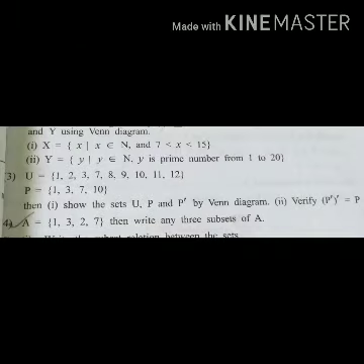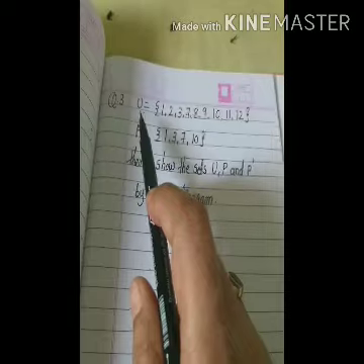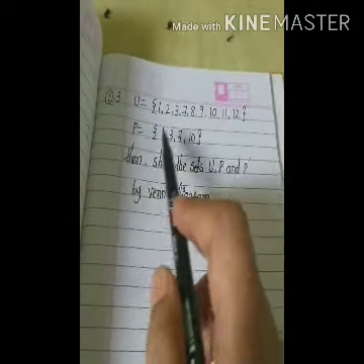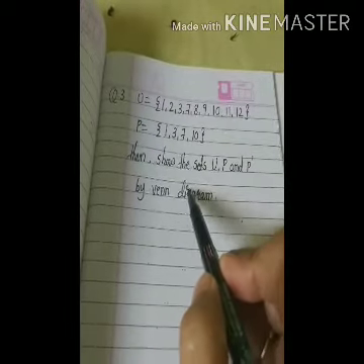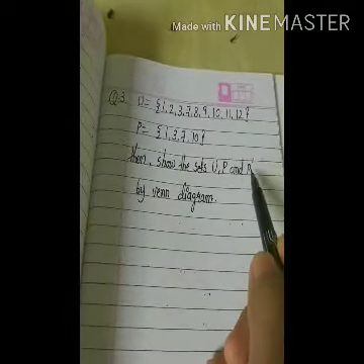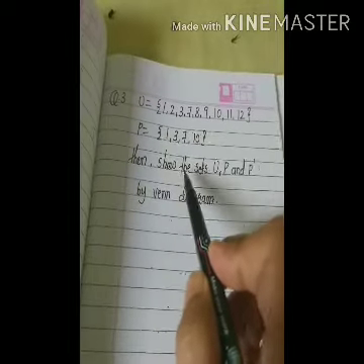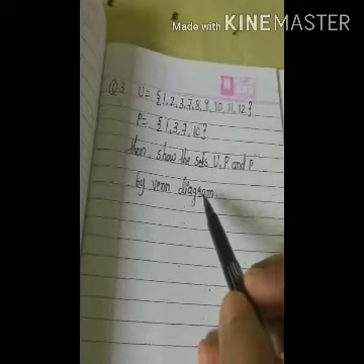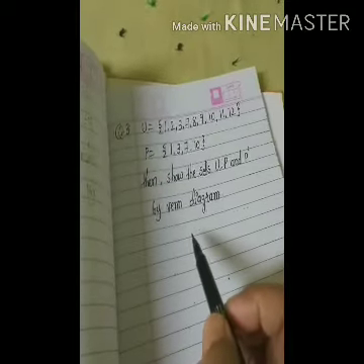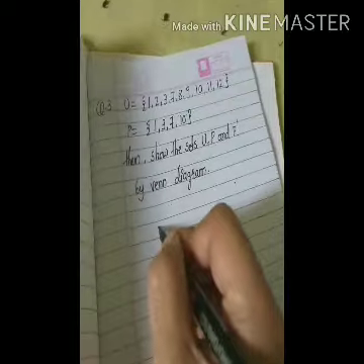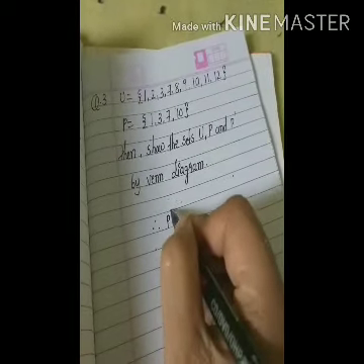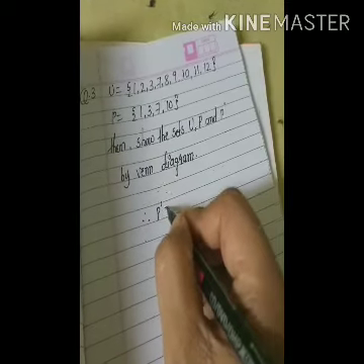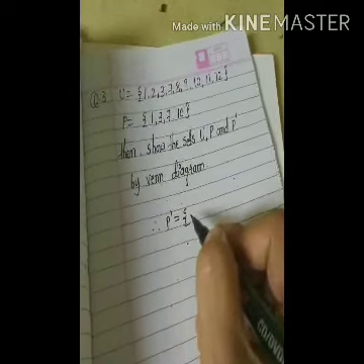Now, question number 3. Children, in question number 3, the universal set is given and set P is given. Then we have to find P complement, and after that, we have to show the sets U, P and P complement by Venn diagram. So first we find P complement. Therefore, P dash, the symbol of complement, equal to, open the curly bracket.